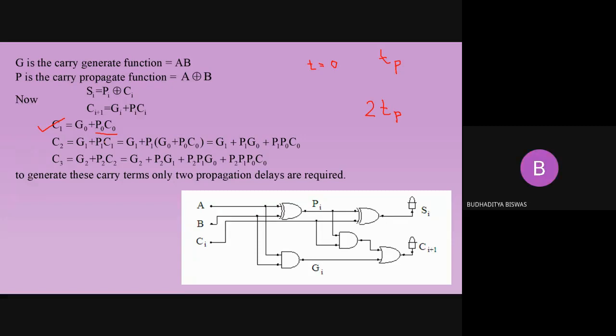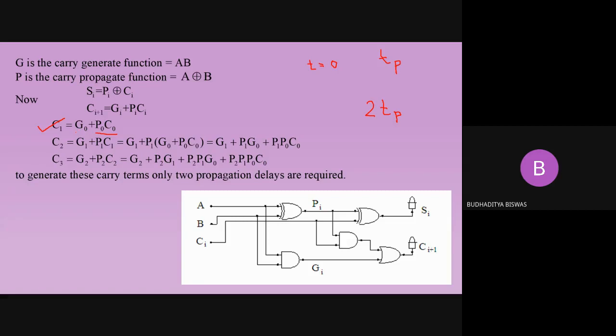Always say it fully: 2 input AND gate. So you have to become a very precise engineer. So a 2 input AND gate is required to generate the term P0 C0. Every gate has the propagation delay TP, so 1 TP time is required to generate this term.